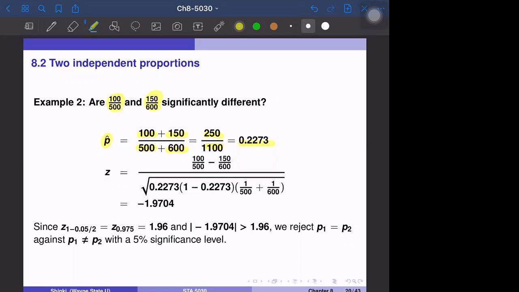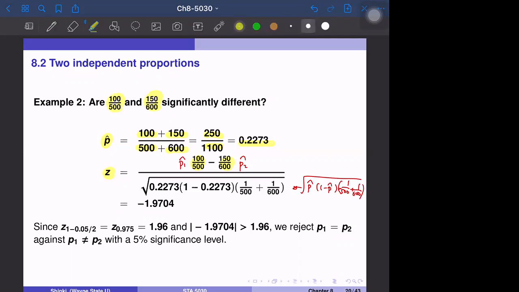And so z is equal to the difference between p1 hat and p2 hat, divided by the square root of p hat times (1 minus p hat) times (1 over 500, that is n1, plus 1 over 600).